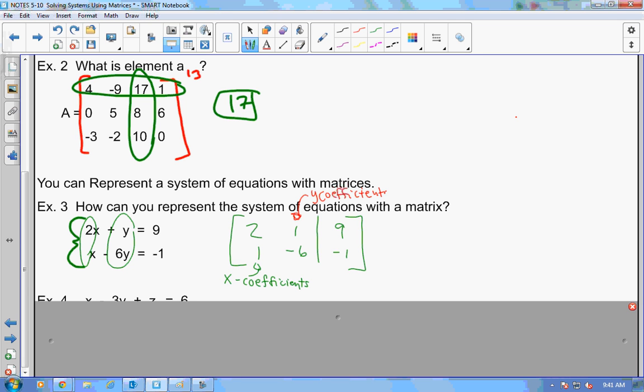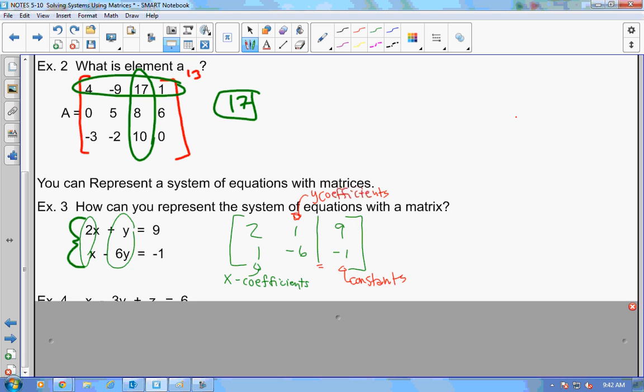The vertical bar replaces the equal sign, and then we have the constants. But it has to be in order. If your equations are given to you out of order, you have to rearrange them. X, Y, and then sometimes Z, depending how many variables you have.